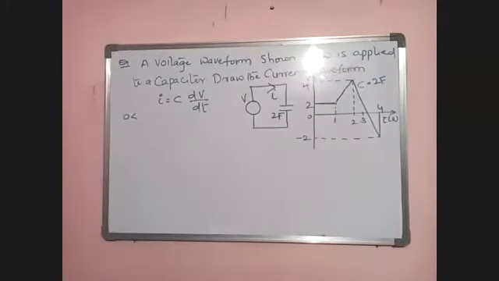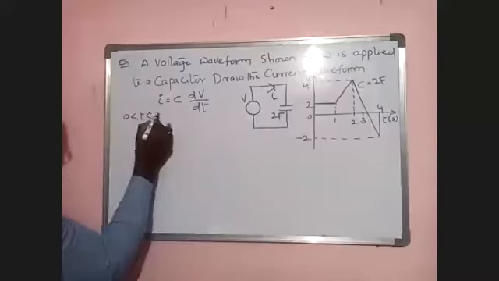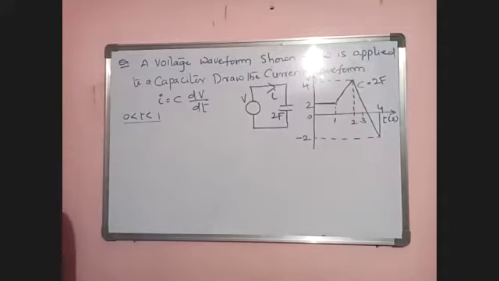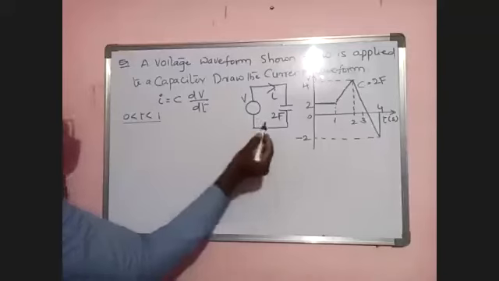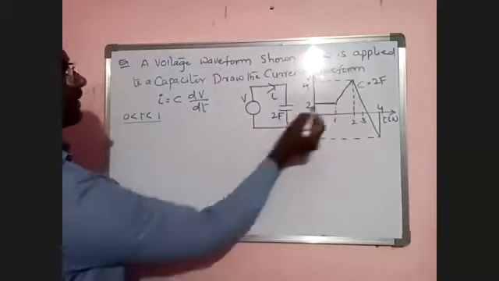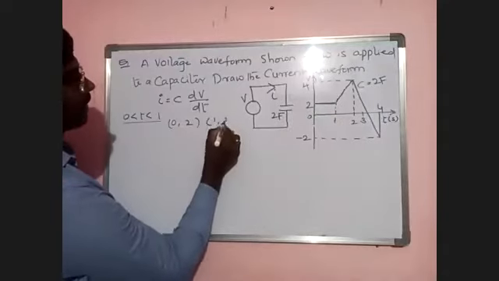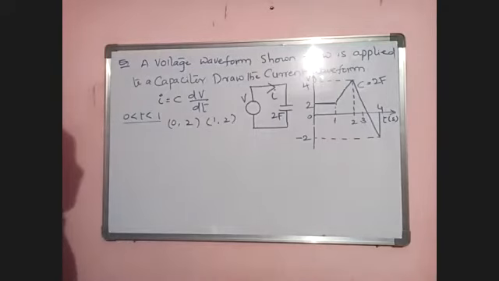Now, 0 less than t less than 1. So here there are two endpoints: at 0 it has 2, and at 1 it has 2.